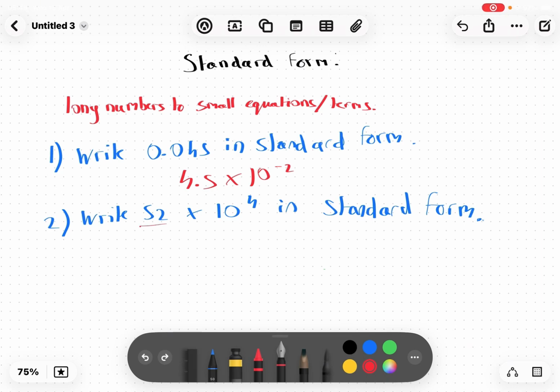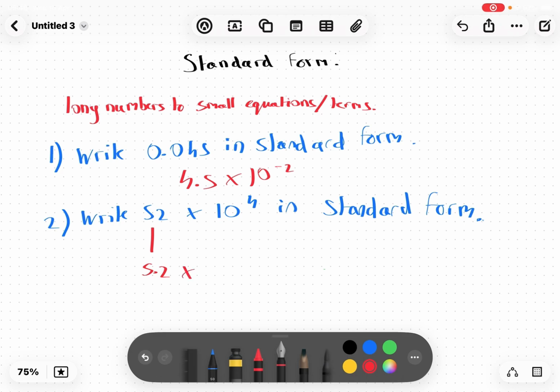Write 52, there's no decimal here, times 10 to the power of 4 in standard form. Seems like it is in standard form, but this number is clearly bigger than 10. So we transform this into 5.2.